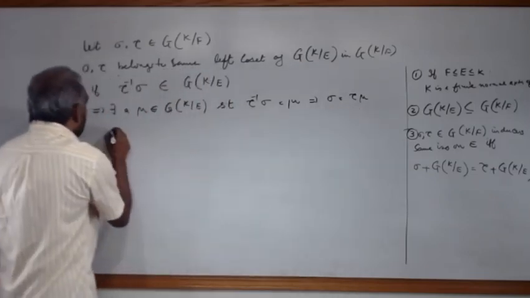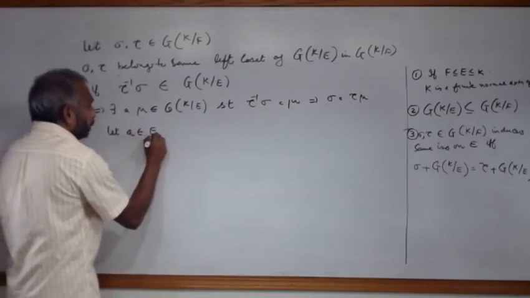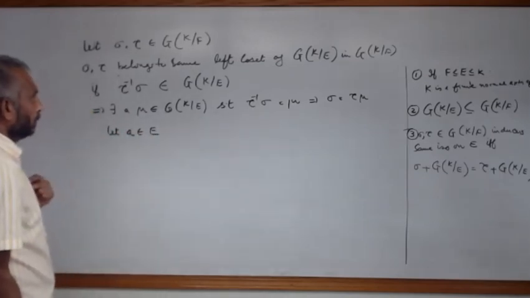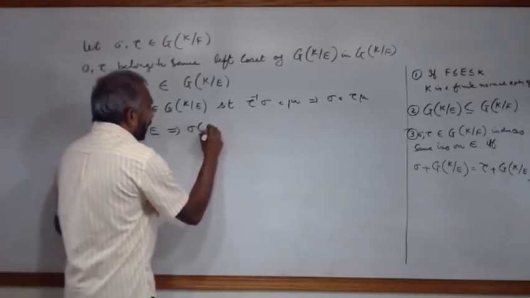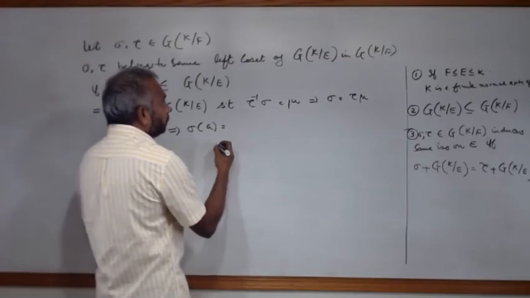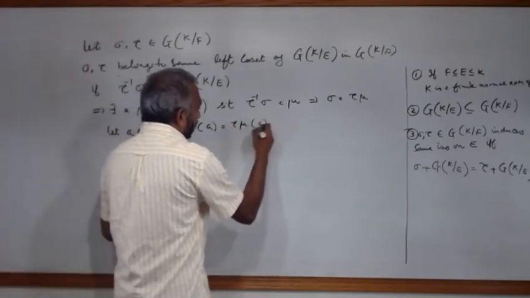So let us take an element, let a belong to E. That implies sigma of a is equal to tau mu of a.